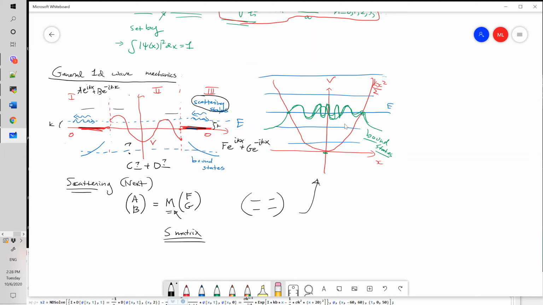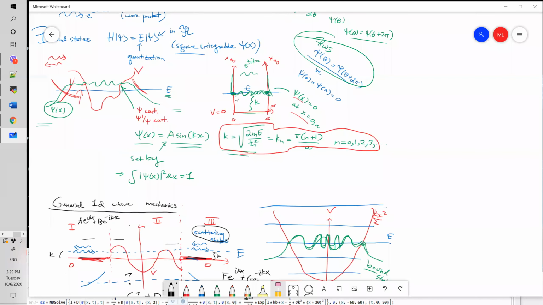And you can try to solve for this. And what ends up happening is that because the solution has to decay to zero far away, that introduces more constraints than you have unknowns in your solutions. And so, just like in this infinite square well, you find that the energy itself is constrained to only have certain values.